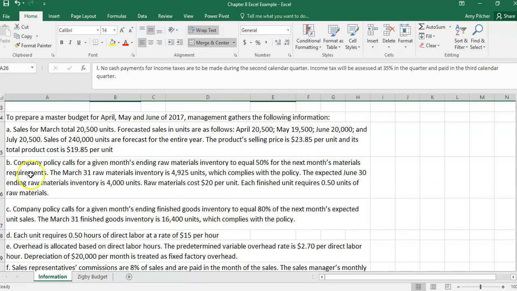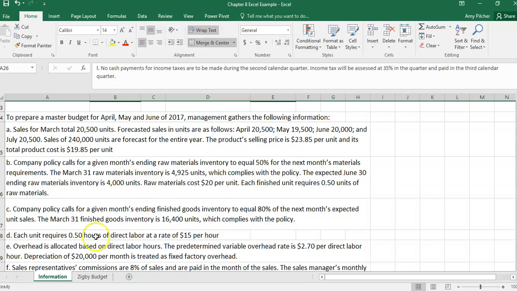We then need our budgeted ending inventory. So our information tells us that our ending raw materials inventory should be equal to 50% of the next month's materials requirements. It also tells us that on March 31st, we have inventory of 4,925 units, and our June 30th ending raw materials inventory should be 4,000 units.